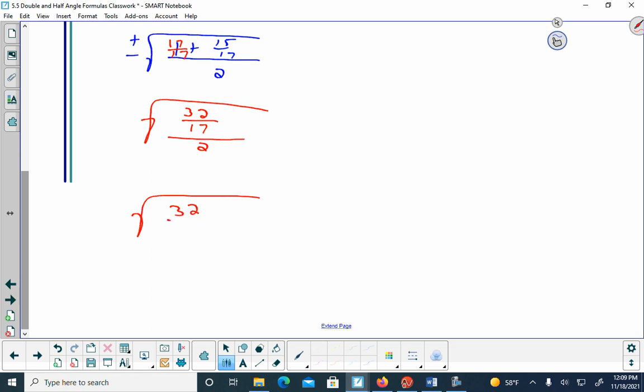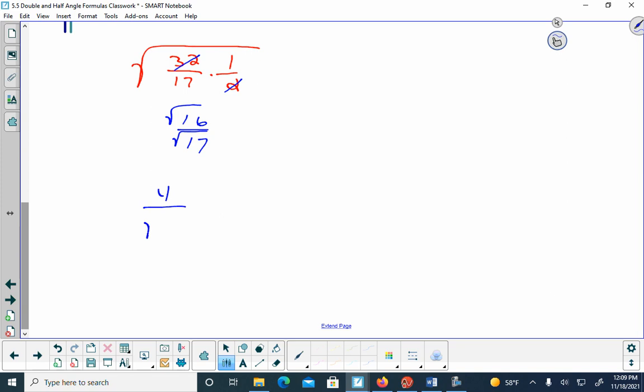So I'm going to have 32 over 17 times 1/2. I can simplify these and get 16 over 17. So the square root of 16 over the square root of 17 is 4 over the square root of 17. Rationalize, and my final answer is going to be 4 times the square root of 17 over 17.